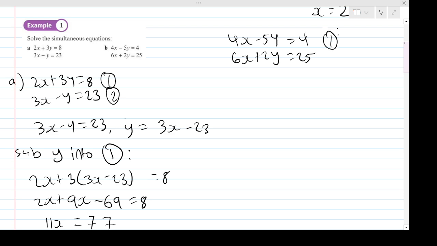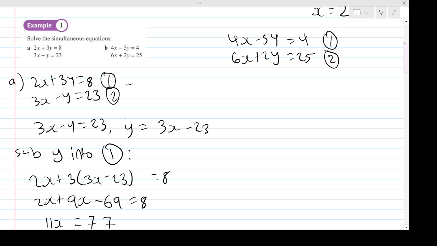You call that equation 1 and 2. Again, they're different questions this time, so they're not the same. But anyway, just for the sake of clarity, I'm going to label them 1 and 2. Okay, so I basically want to subtract or add the equations somehow to get rid of a letter.